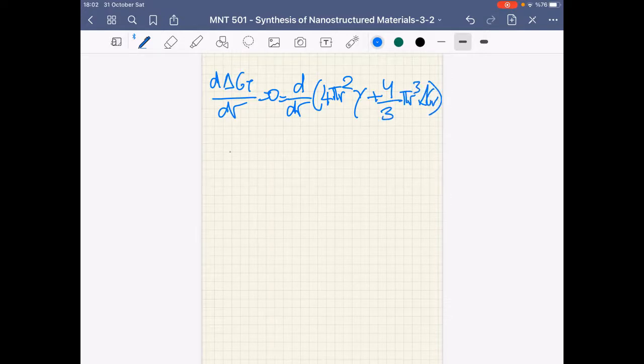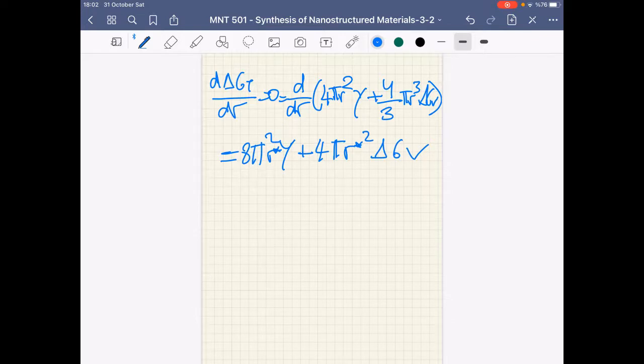And that is equal to 8 pi r plus, and let's put a star here to define that it's R critical, 4 pi r delta GV.